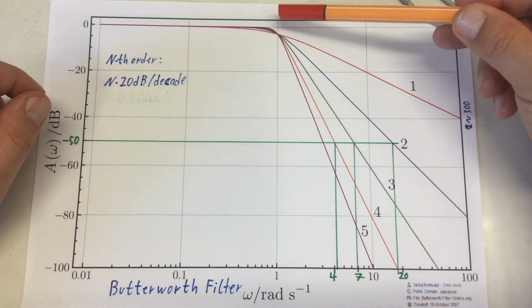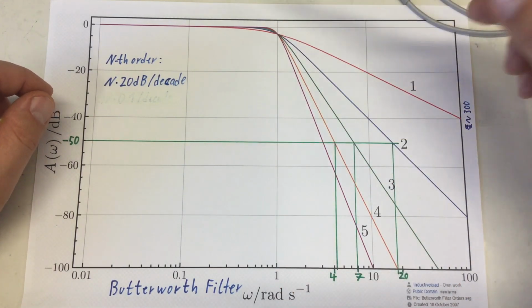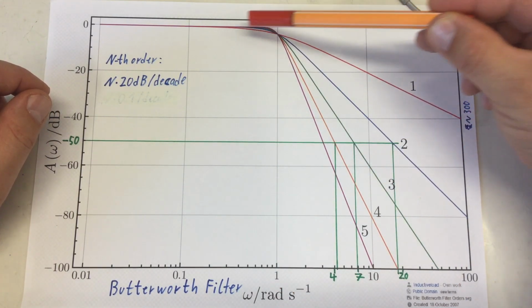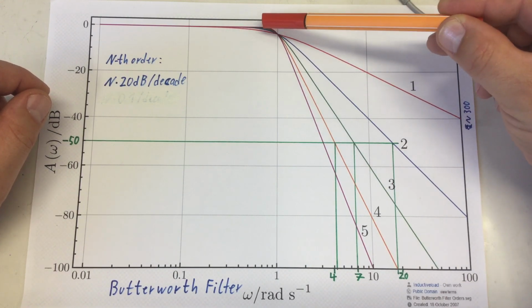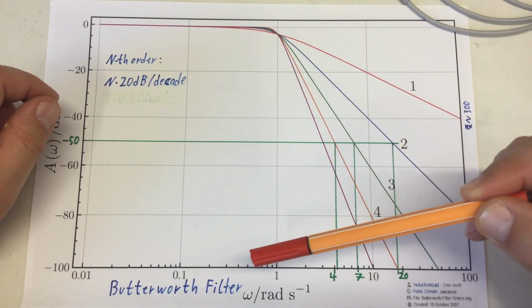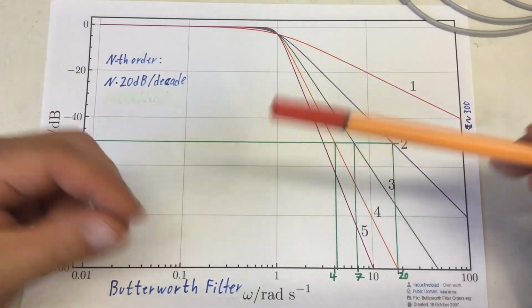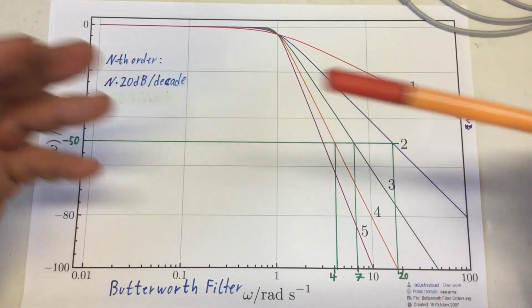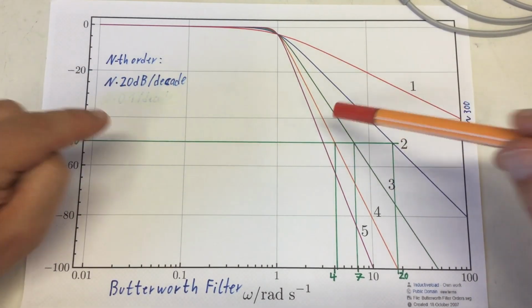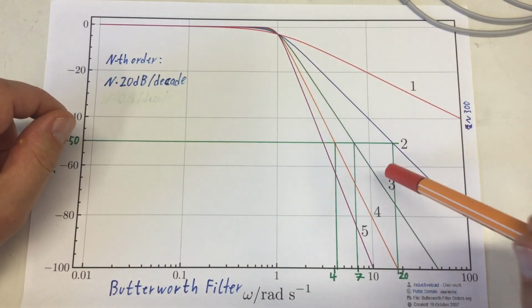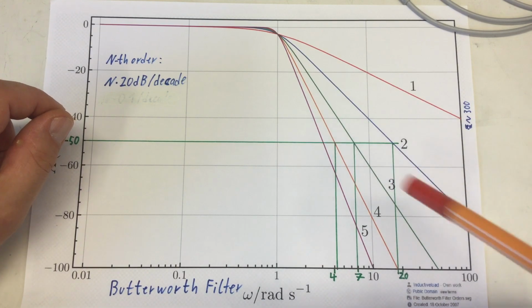So 140 cutoff frequency, and it deviates from the 0 dB line at about 0.6. So 140 times 0.6 is aboutish 80 Hertz. That's good enough for me, so it will be a third order filter.